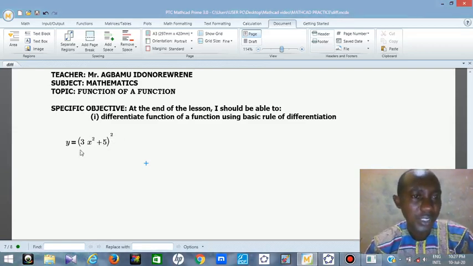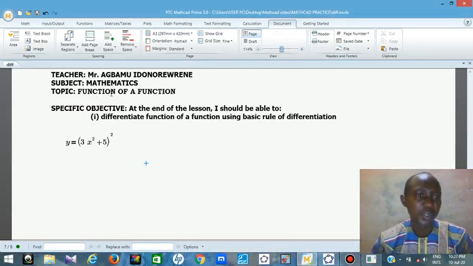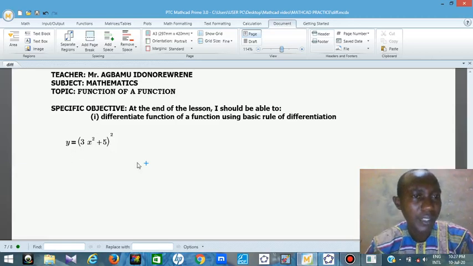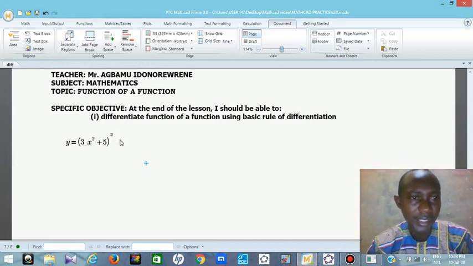When you are asked to differentiate a situation like this, instead of expanding the bracket first and then using our basic rule, why not use the rule called function of a function? Though this case is a simple one, since the power is 2 it will not take me time.